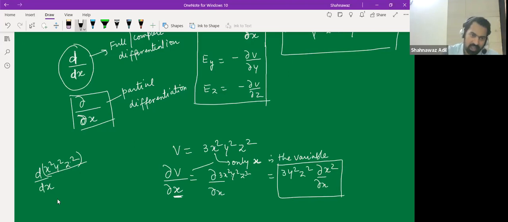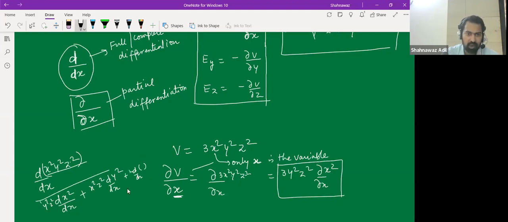So this would be d by dx of x square times y square z square, plus d by dx of y square, plus d by dx of the z component, so we will have these three quantities. But for the case of partial differentiation, only x is variable.